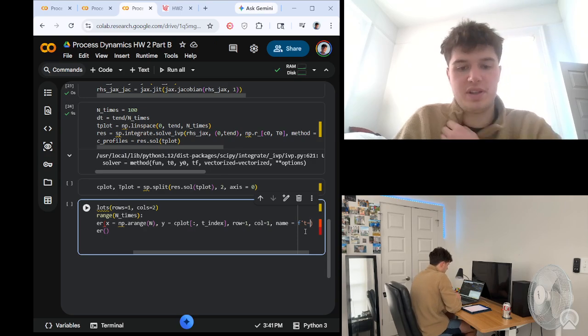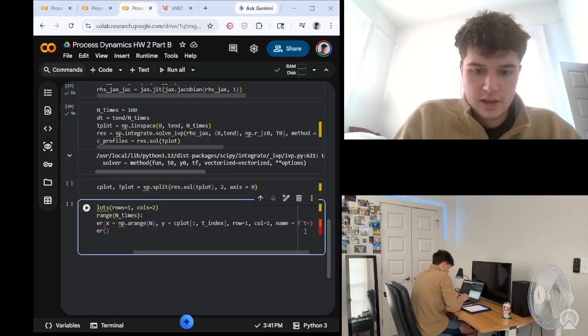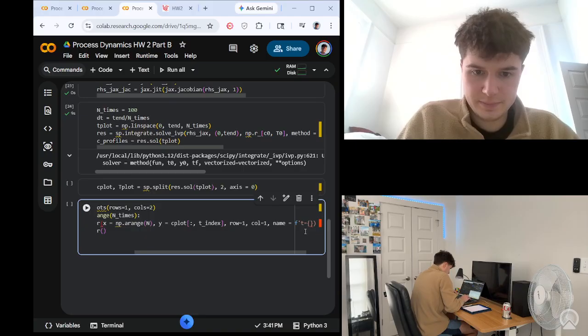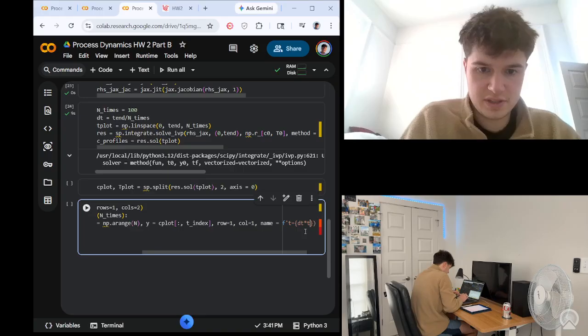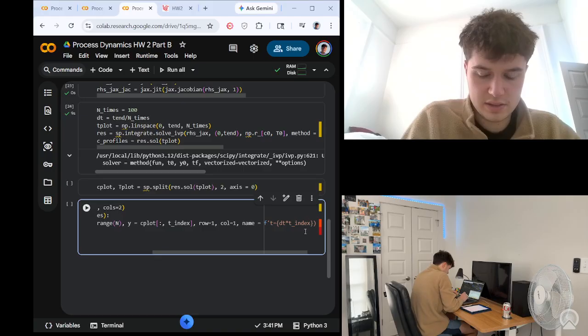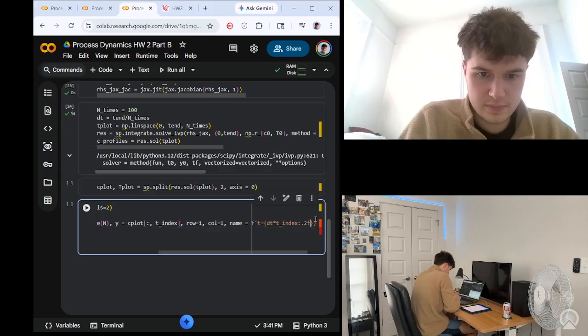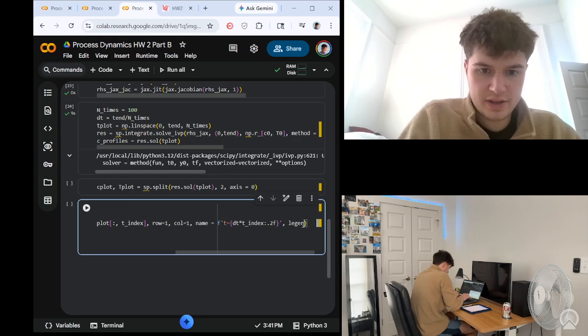Now we have to actually input this index, which is ft equals dt times t index. Now we have to input a legend group. This way we're able to understand what we're reading.